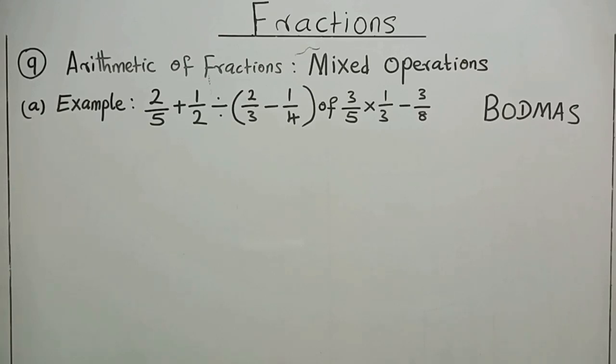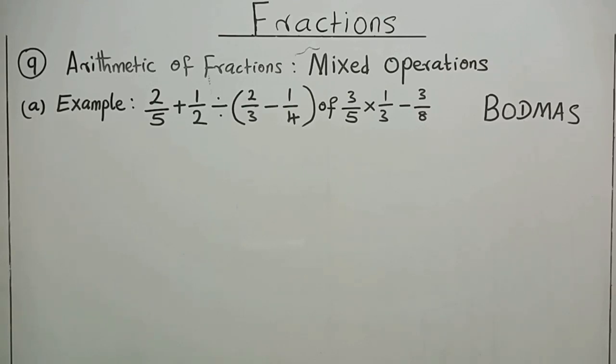Next is O. The O tells us that if we check for bracket and we find it in the number operation, after handling bracket, the next is of. But if there is no bracket, then the first should be of if it is there.